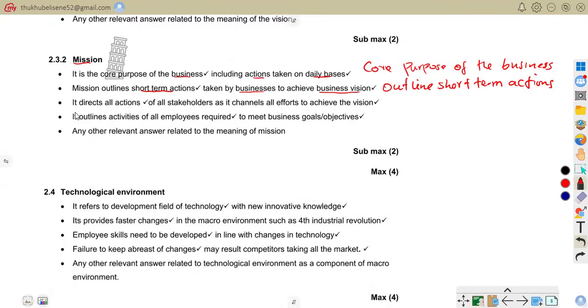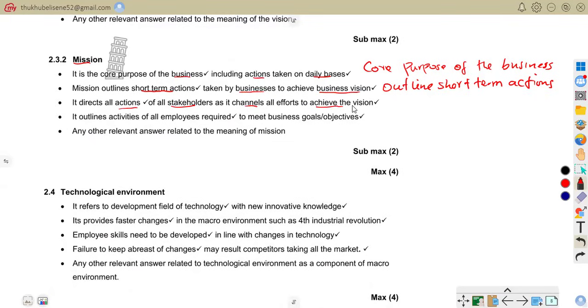Now going further to another point, it directs all actions of all stakeholders as it channels all efforts to achieve the vision. So it directs the actions of the stakeholders, meaning it ensures everyone works towards the same goal.